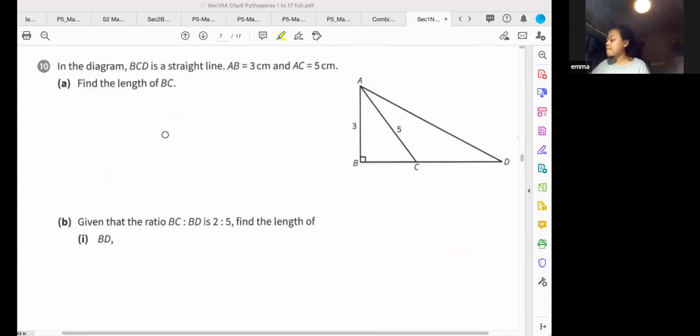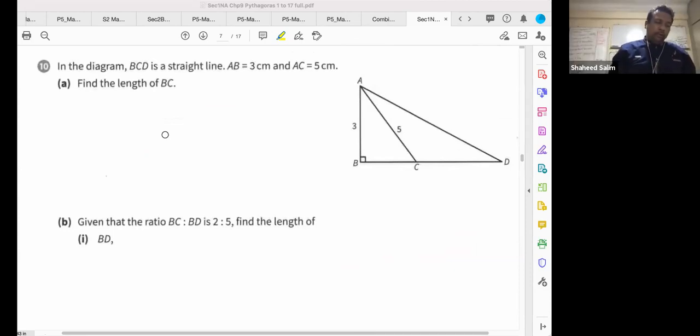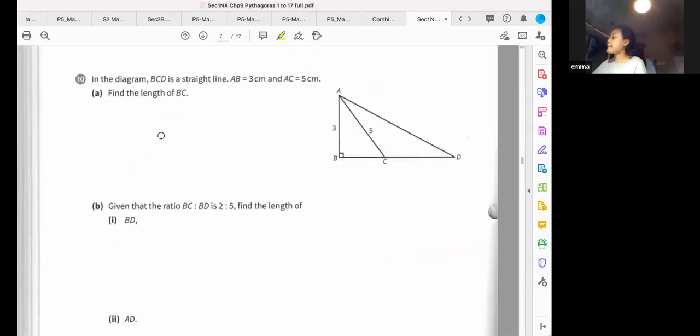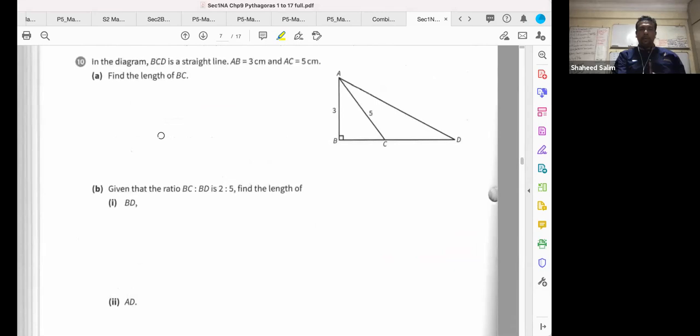Find the line BC, and they ask you to find two parts. You're supposed to find BD and ED.